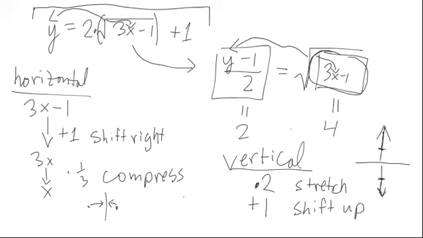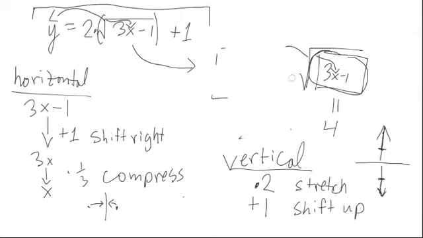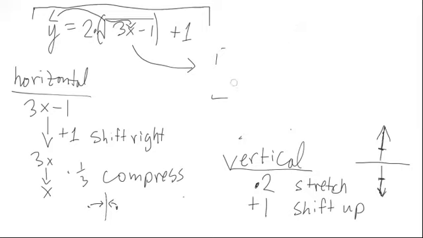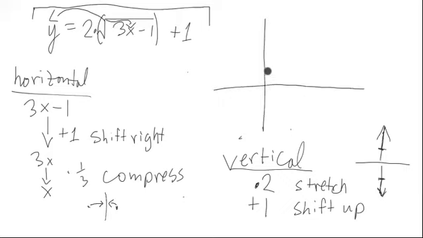Okay, now let's see what that looks like in a graph. All right. So let's start with our original. That's y is equal to the square root of x. Now, let's first do horizontal.